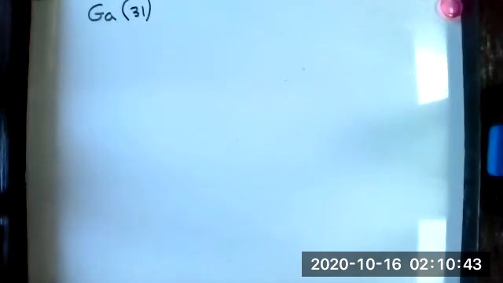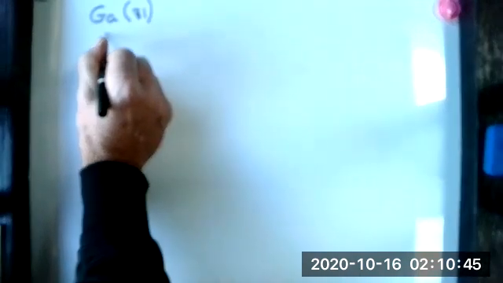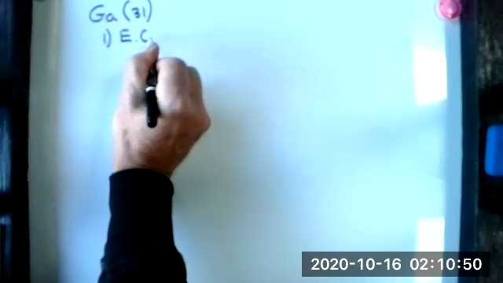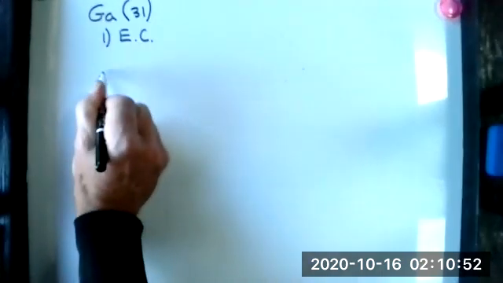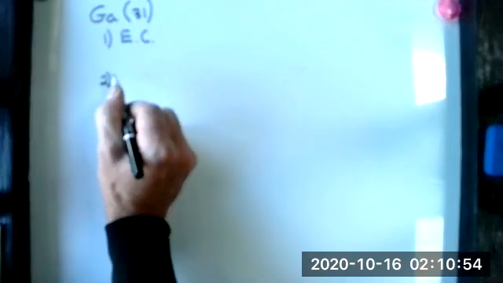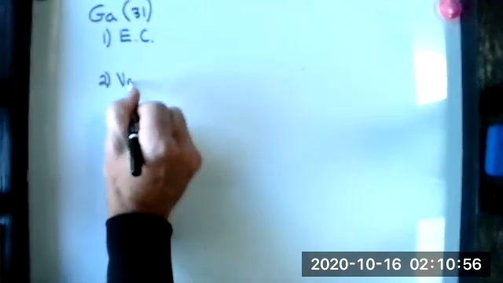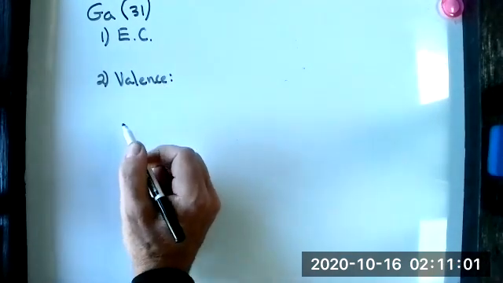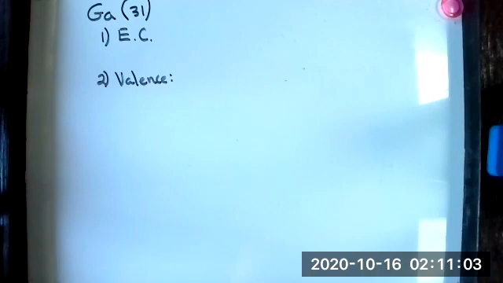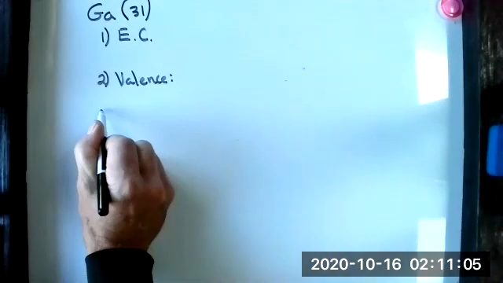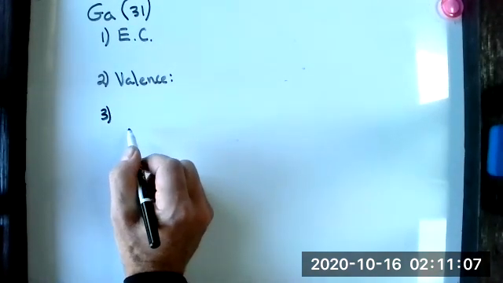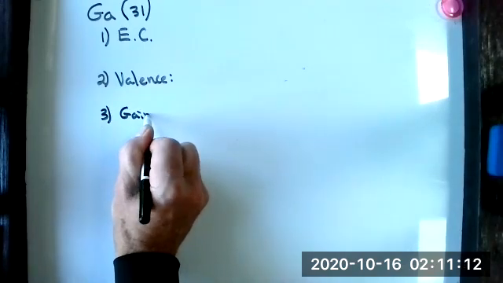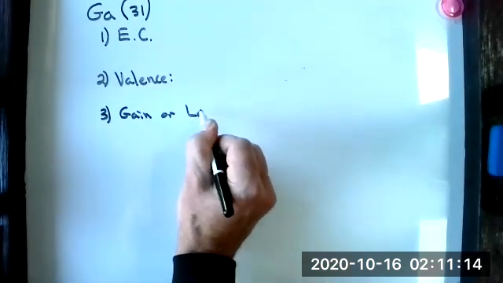Here's what I hope you can do now using all the notes you have. You should be able now to give me the electron configuration for gallium. Second thing I hope you can do by now using your notes is his number of valence electrons. 3. I hope using your notes in that table, can you tell me if this atom would gain or lose electrons?